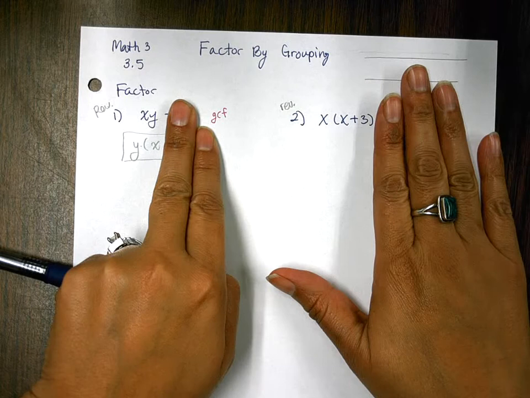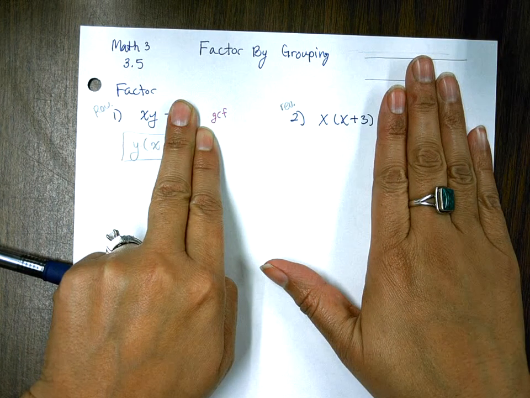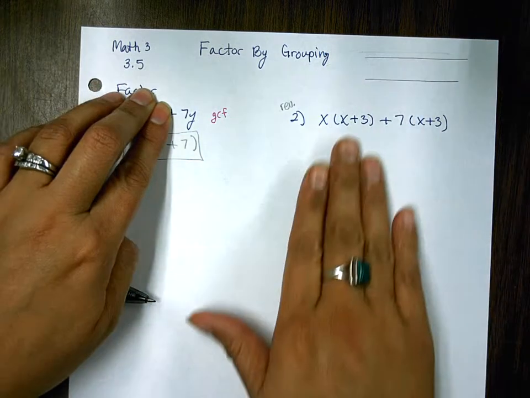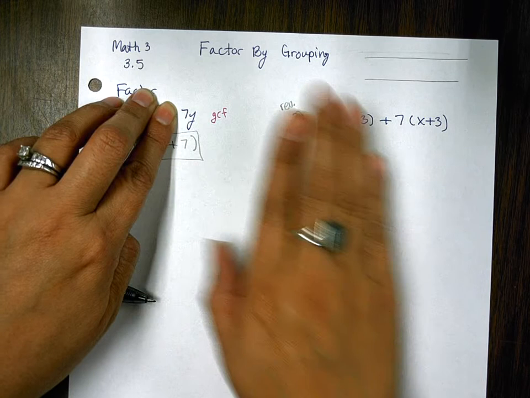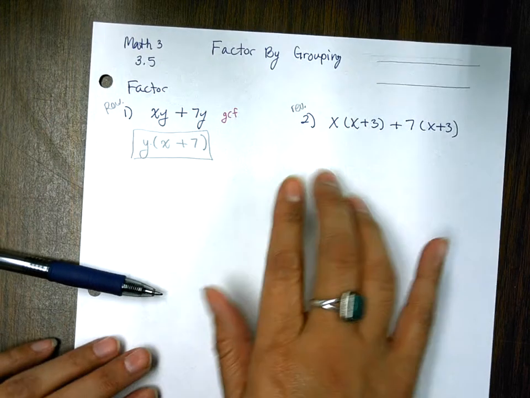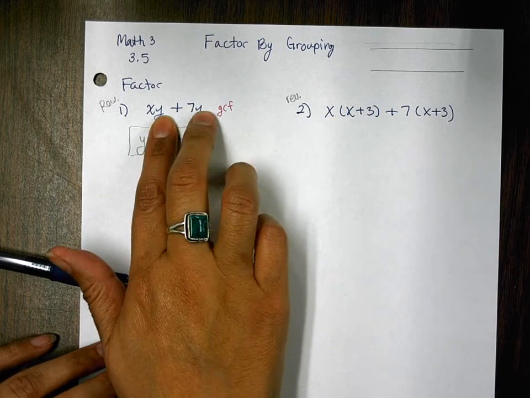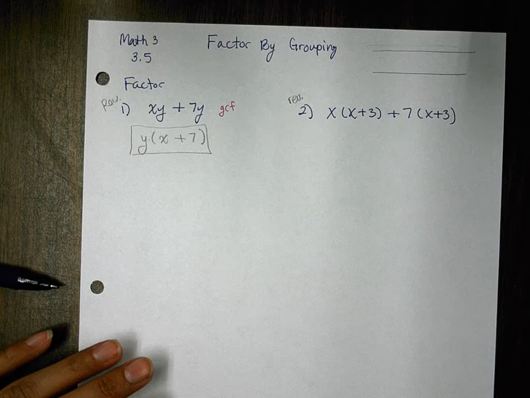The first term over here had two factors, x and y. This one has two factors, x and x plus 3. The second term has multiple factors. This one was 7 and y. This one's 7 and x plus 3. So it's just like this one, only thing is the second factor is bigger. Here was y and y, here it's x plus 3 and x plus 3. But it's still the same process.